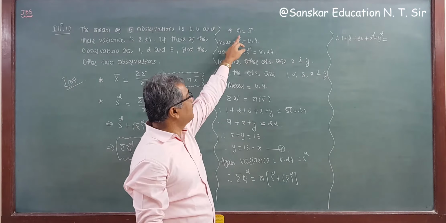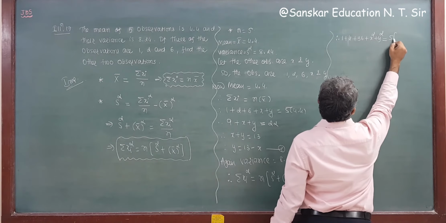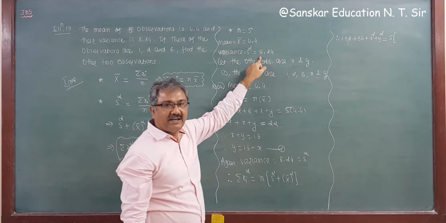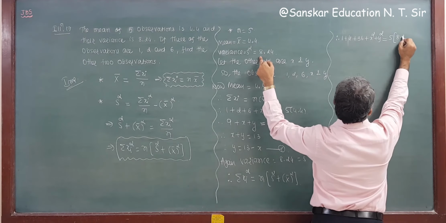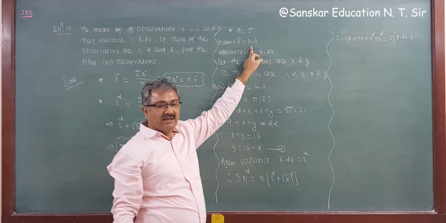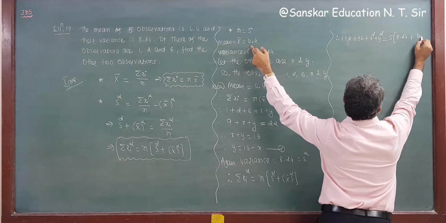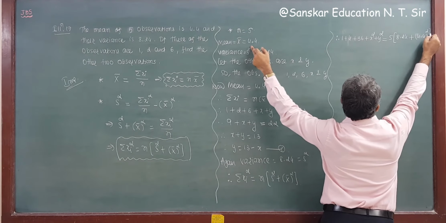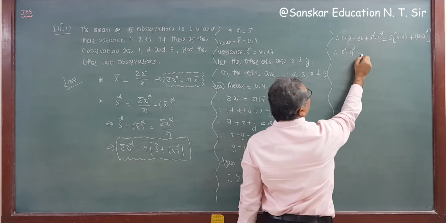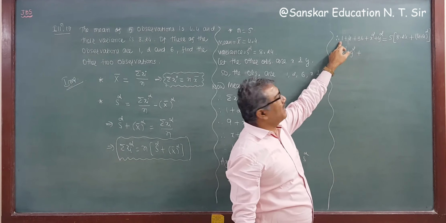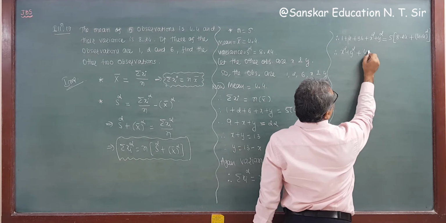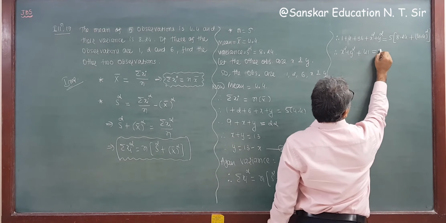Now n is 5, so 5 into s square, which is given as 8.24, plus mean 4.4 whole square. So this is x square plus y square plus 36 plus 4, 40 plus 1, this is 41.